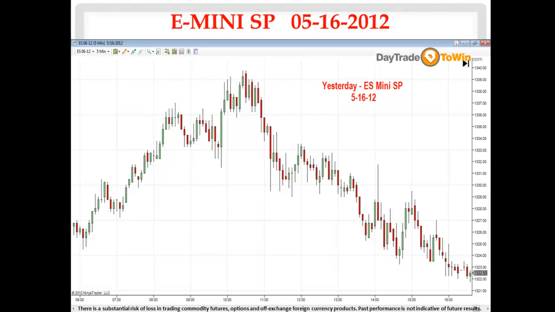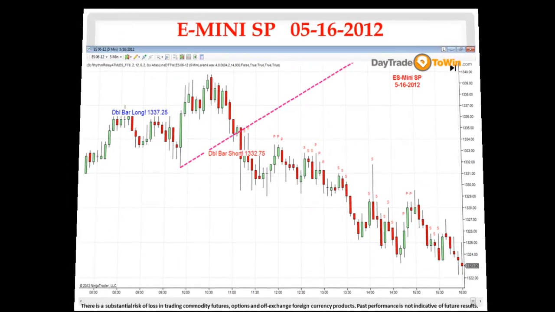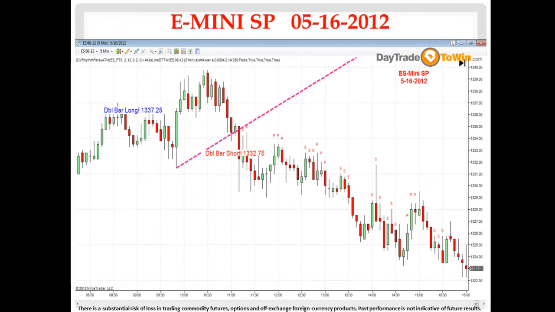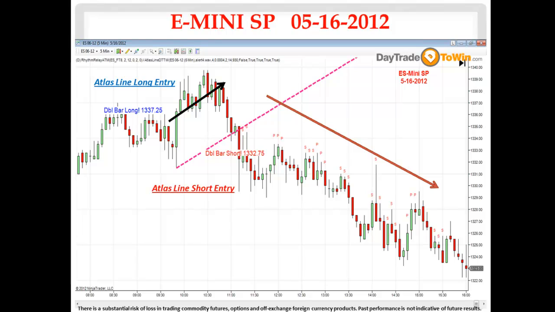So this is yesterday on the E-mini S&P, using the Atlas line software, with exact entries of where you would have gone long and where you would have gone short. The market went up a little bit here on this long trade, not too much, but the real trade here was when it crossed the Atlas line and started to fall and give you these additional signals.